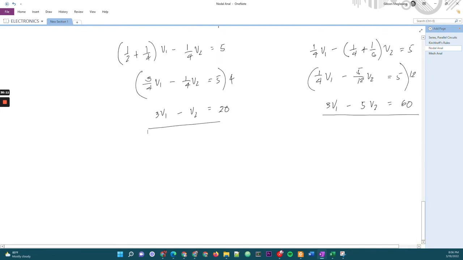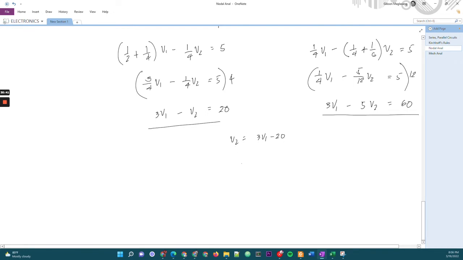So pwede nato siyang i-solve using substitution or elimination method. Okay? So let's say mag-solve tayo using substitution method. So, V2 is what? 3V1 minus 20. Right? Substitute nimo sa kanina nga equation.